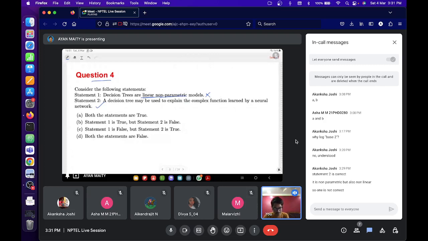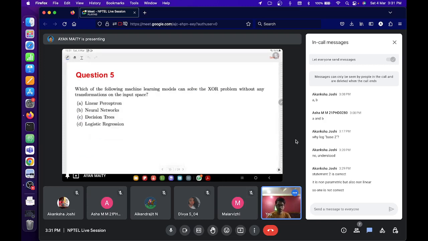So statement 2 is correct. Statement 1 is false, but 2 is correct, so option C is the right answer. Akanksha was right.